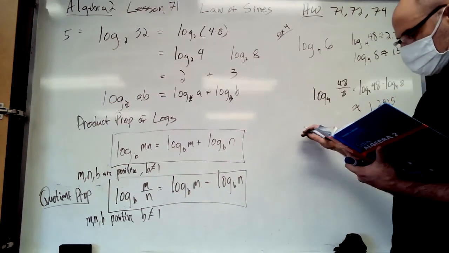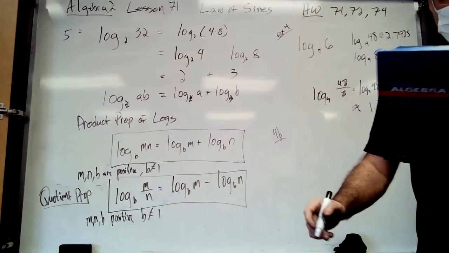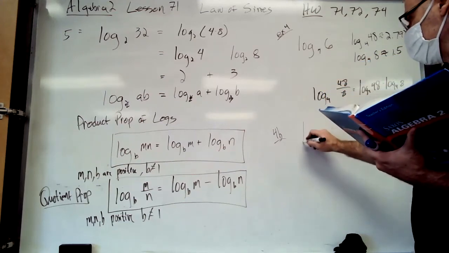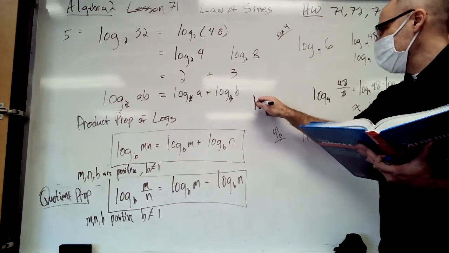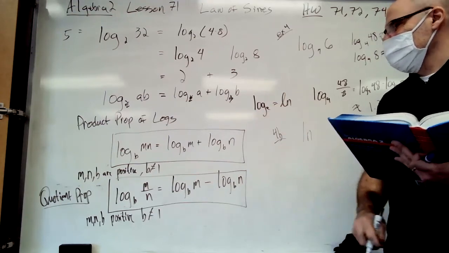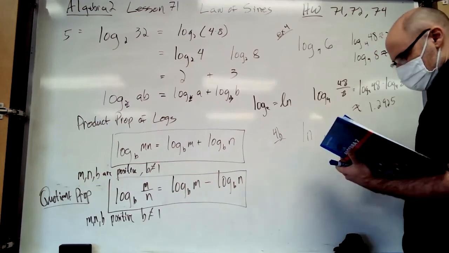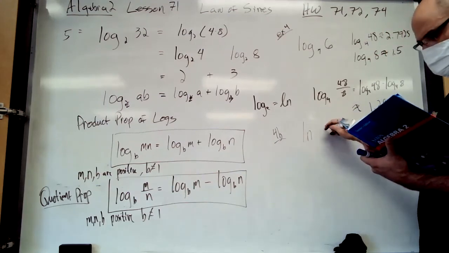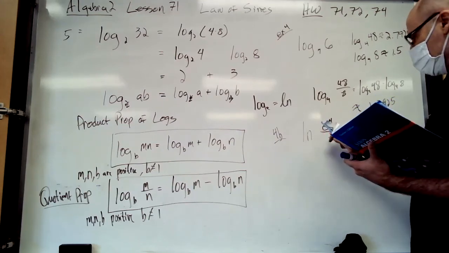Okay. I'm going to do 4b just because there's an e in there. So I'm going to do ln. I don't know why they didn't talk about this yet, but ln is log base e. So instead of doing log base e or whatever, it's just natural ln. Okay. So the natural log of e to the 4th power over 3.